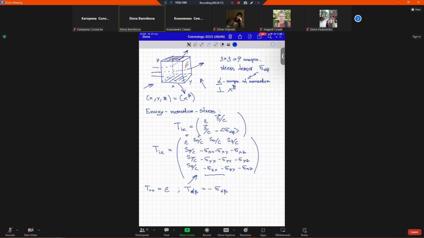In any case, this is what I would like to say about the energy momentum tensor, and we will continue to work with it, of course. For cosmology, which is much more interesting for us, we will investigate how it looks from the point of view of cosmology.